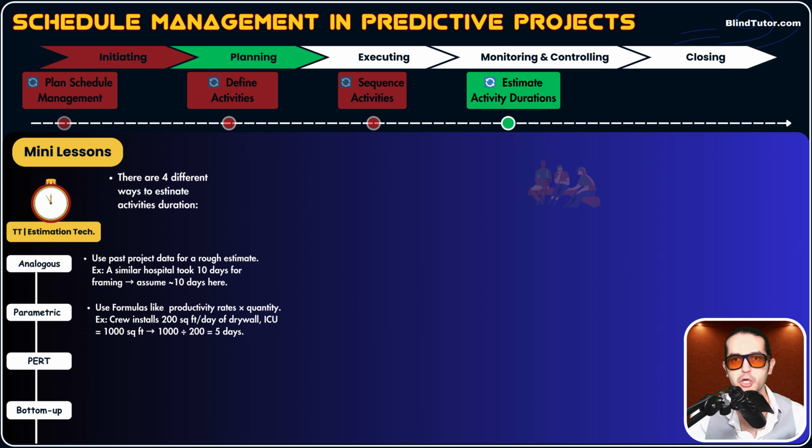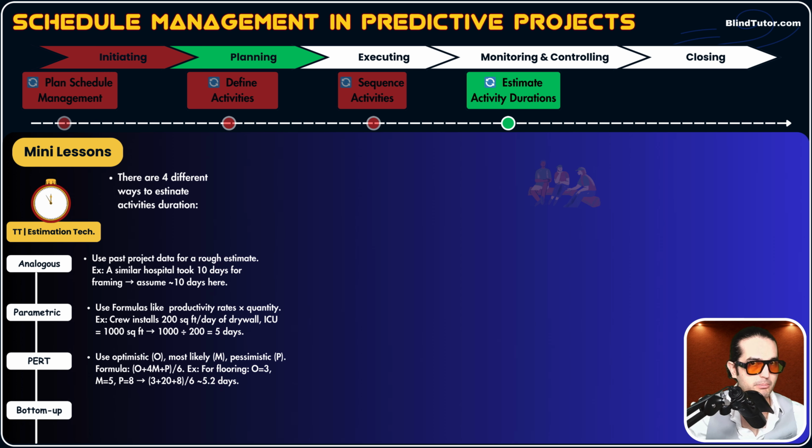Next one is PERT, guys. What's PERT? We use 3 numbers. It's again a formula, but we use 3 numbers, guys. We use optimistic, most likely, and pessimistic numbers. What's optimistic, guys? Optimistic means the minimum number of days we need to complete an activity. I mean, the fastest way that we could complete an activity.